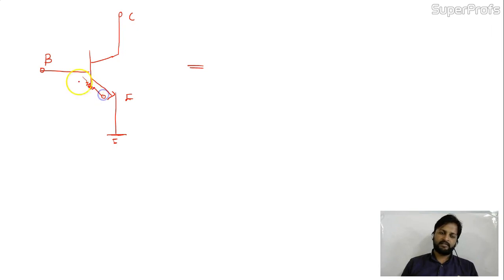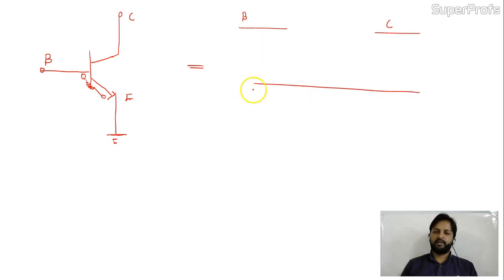Will there be any resistance or not? Yes, there will be resistance. If this is B, this is collector and this is emitter, grounded emitter, okay? This is grounded emitter. So from B to E, I place r pi. This r pi is the resistance between base and emitter. Is it okay?